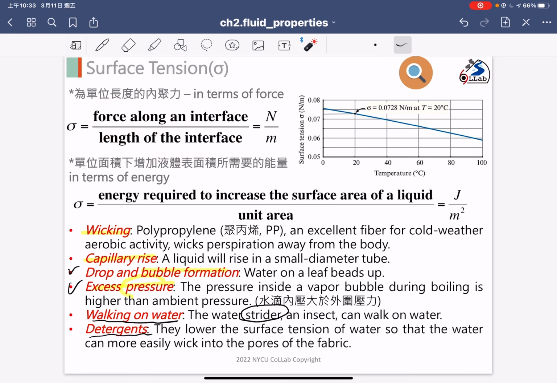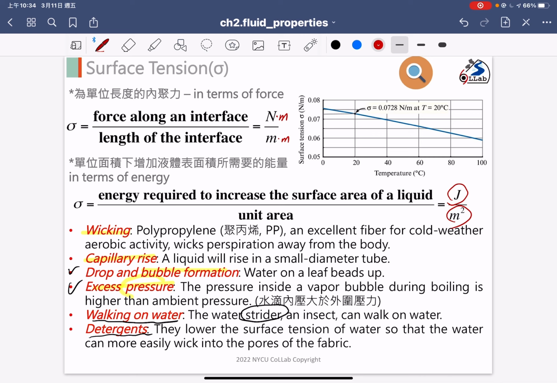So the unit here you can see is newtons per meter. If we multiply by an additional meter on both sides, the upper and the lower, the dimension will change to joules per meter squared.